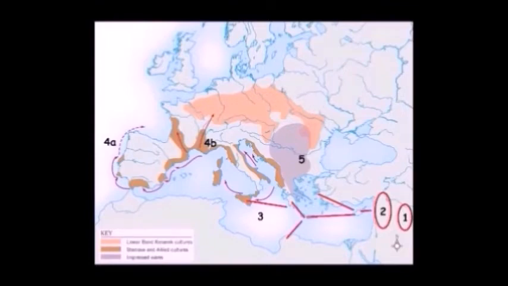But the general gist is that eventually the Indo-Europeans took over, beat up the early farmers, and that leads into the next point, which is the various expansions after the Indo-Europeans had arrived.